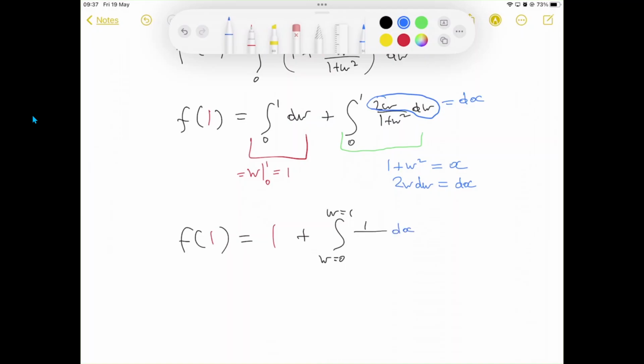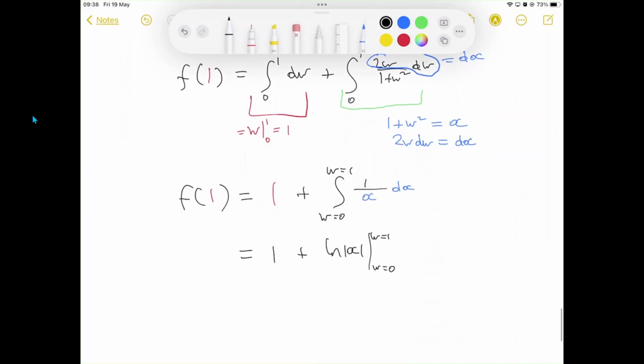And the bottom, 1 plus w squared is equal to alpha. You're integrating 1 over alpha, which is equal to ln of alpha. So you get 1 plus ln of alpha, of course with the modulus, evaluated at the limits w equals 0 and w equals 1.